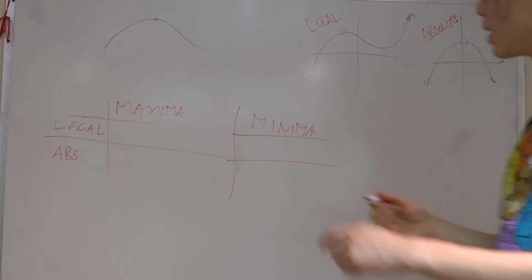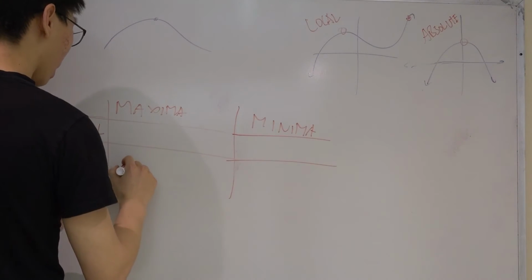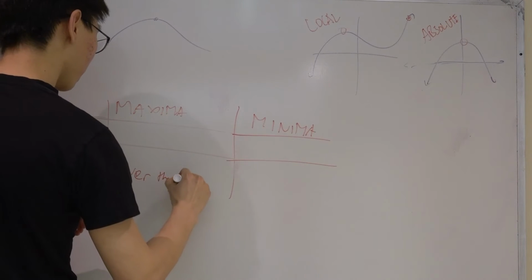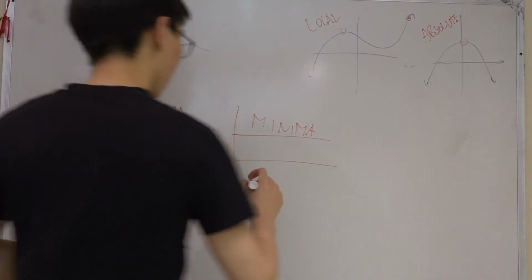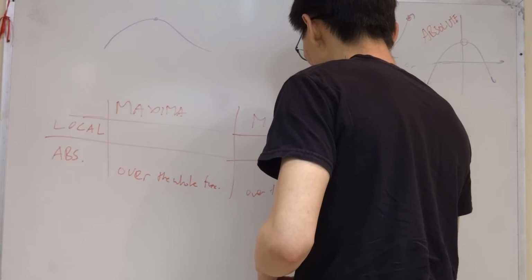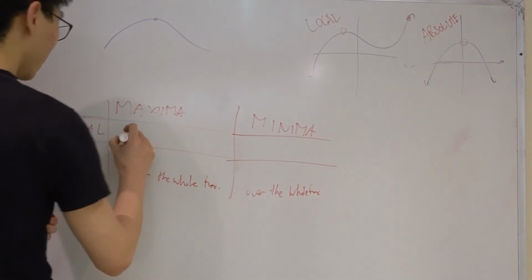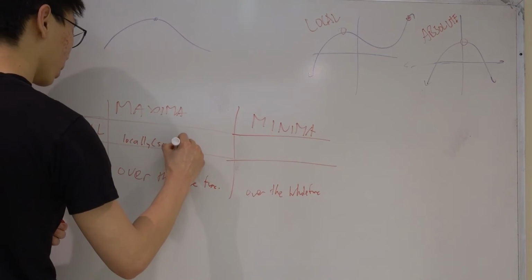And so that's the difference. Absolute just means over the entire graph or function. And this is over the whole function. And local just means locally, so in a small neighborhood.